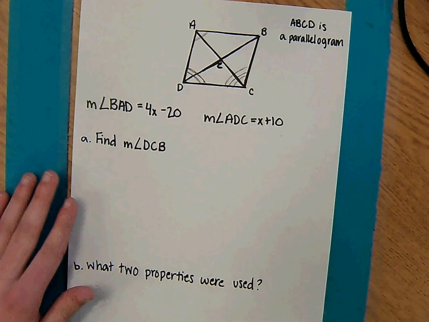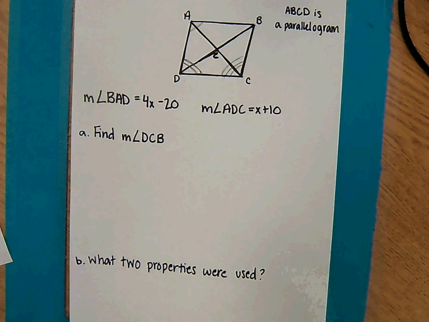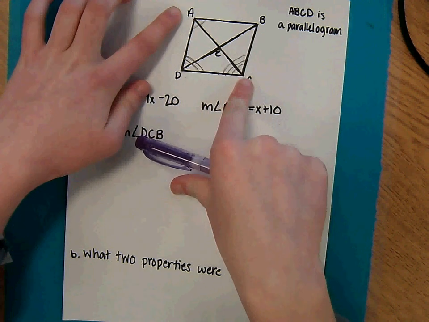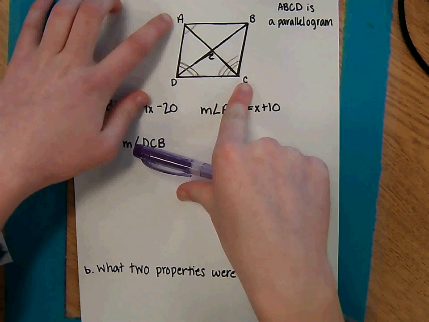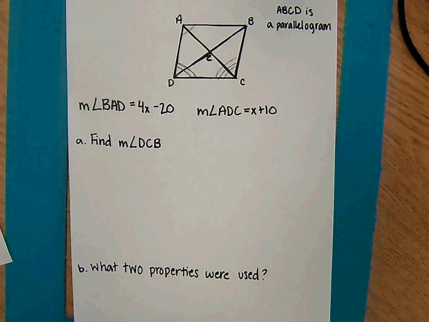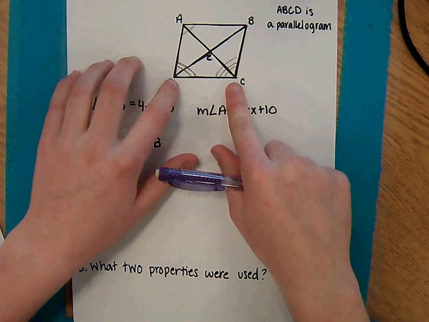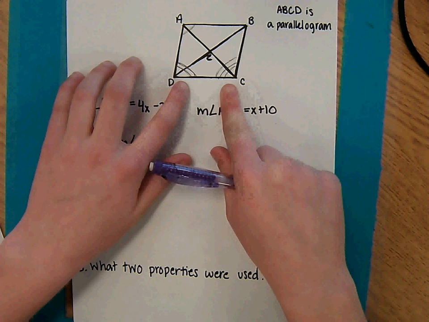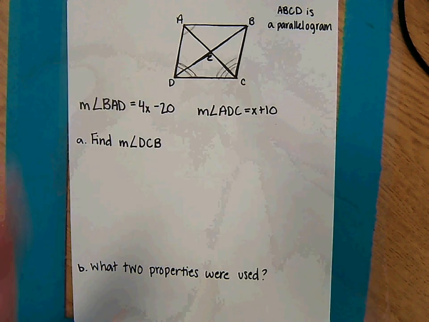Now, in a parallelogram, the opposite angles are congruent. So these two are actually congruent, because that's just one of the rules. Also, with the parallelogram, two consecutive angles, which are side-by-side angles, equal 180 degrees. So we're going to use that.